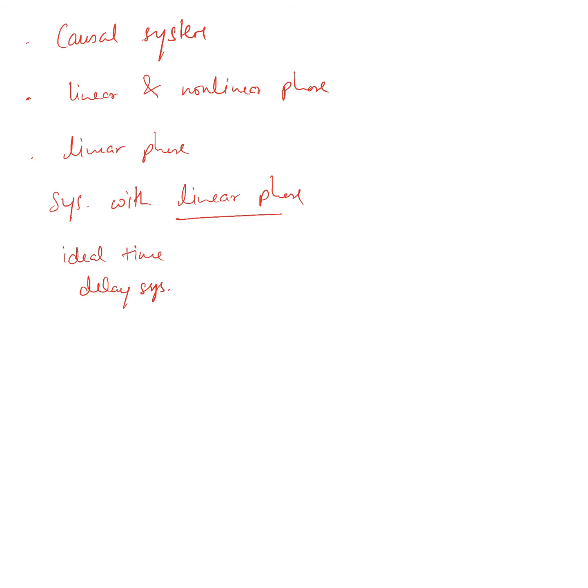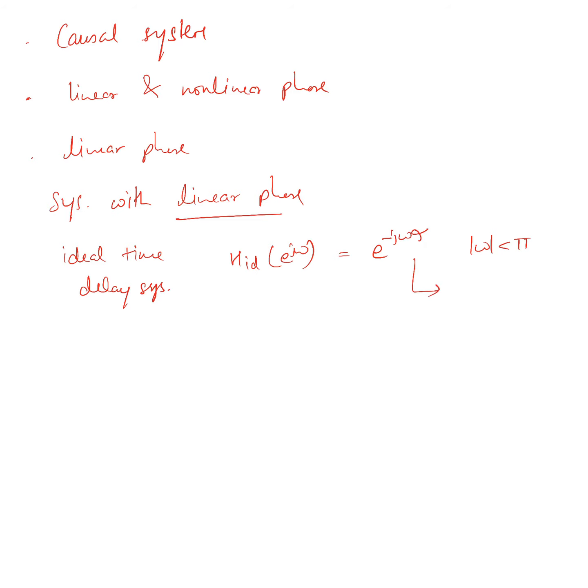Okay, so we had seen earlier that the frequency response of the ideal delay system is given by H_id(e^{jω}) equal to e raised to the power minus jωα for |ω| less than π, or ω lying between minus π to π.